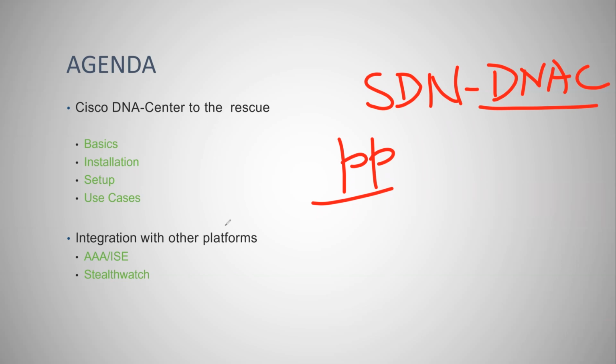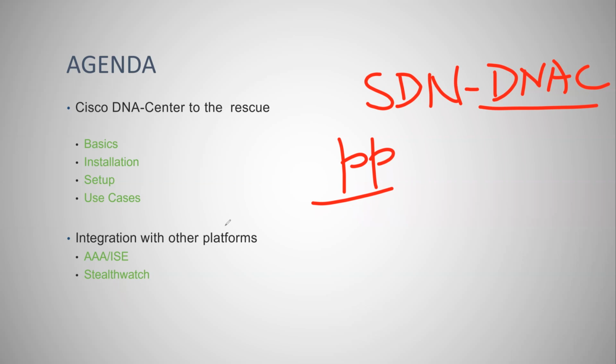So the point here is that we want to provide security to the wireless network. How can we do that? With policy plane. But does DNA have a policy plane itself? The answer is no. DNA does not have a policy plane natively.